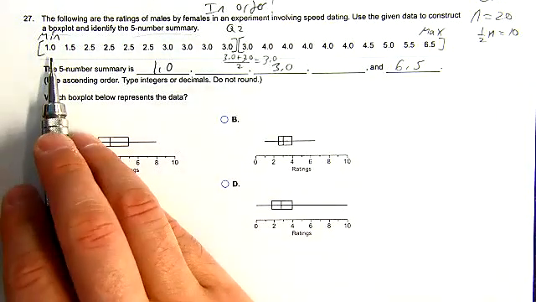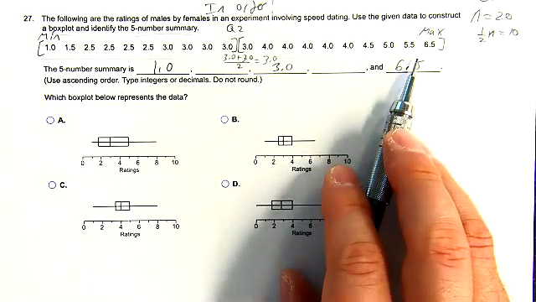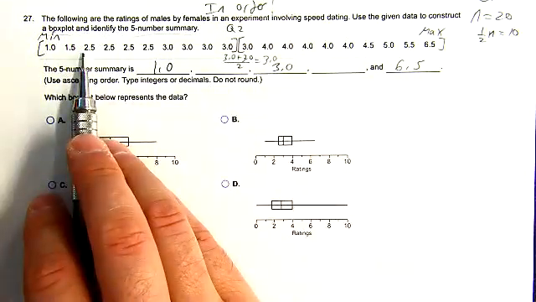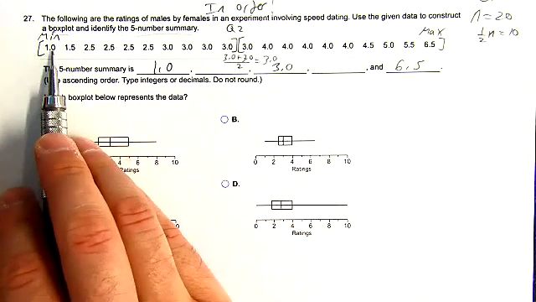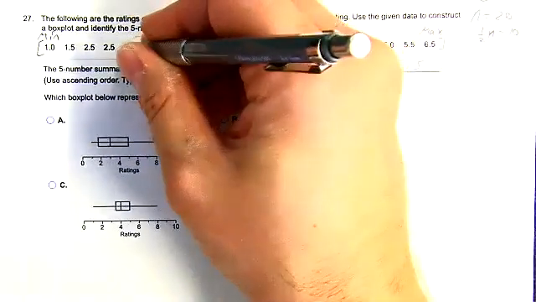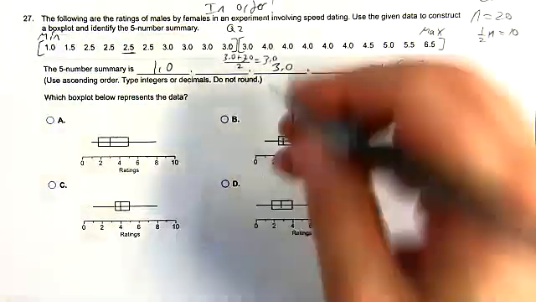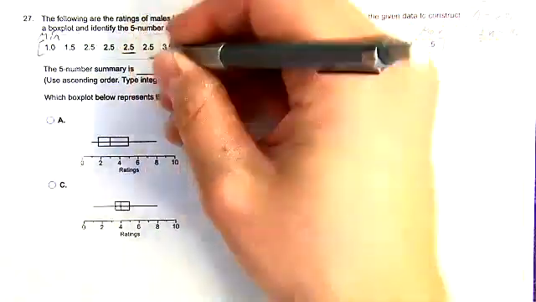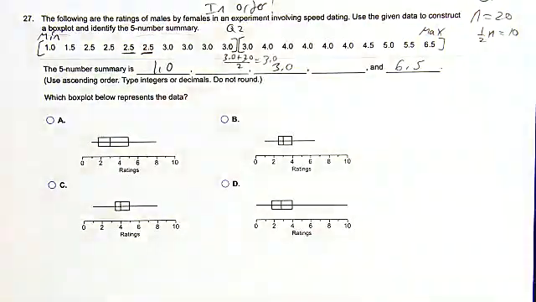Now, because this is 10 and 10, those are still even. I have to do the same for Q1, so I have to count 5 now. 1, 2, 3, 4, 5. And then this is one of the middle numbers, and then 1, 2, 3, 4, 5. This is also one of the middle numbers.